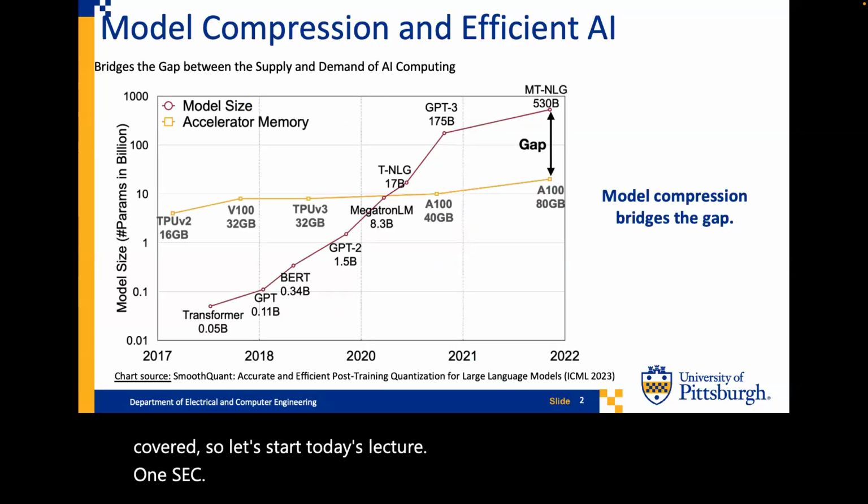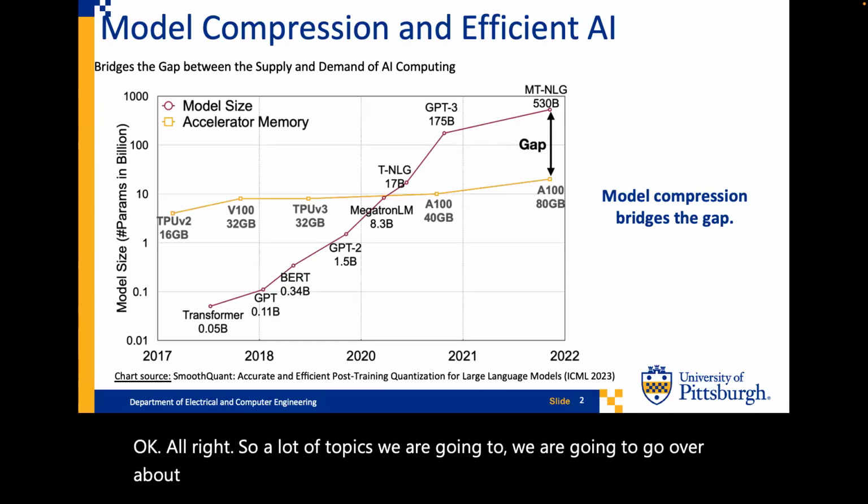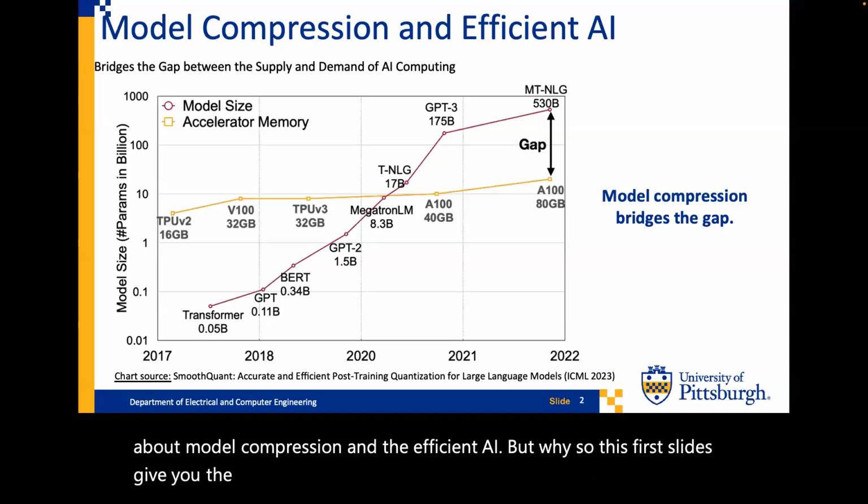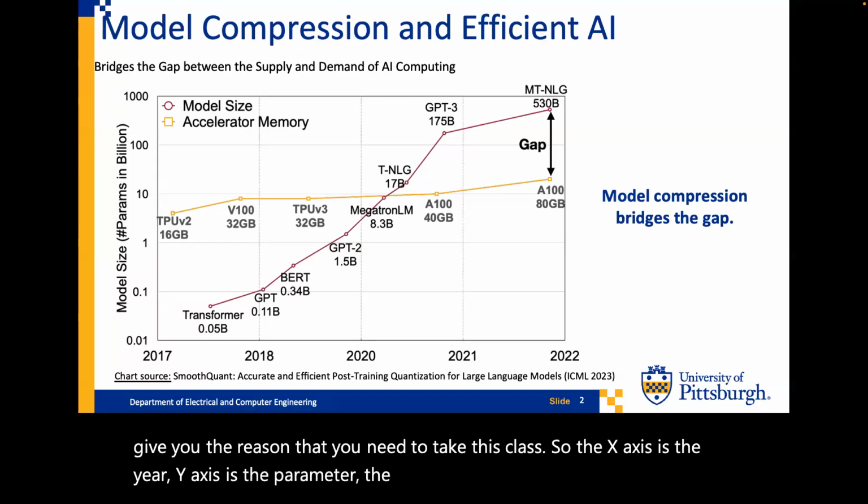Okay. All right. We are going to go over a lot of topics about model compression and efficient AI. But why? This first slide gives you the reason that you need to take this class. The x-axis is the year, and the y-axis is the parameter count, the model size.